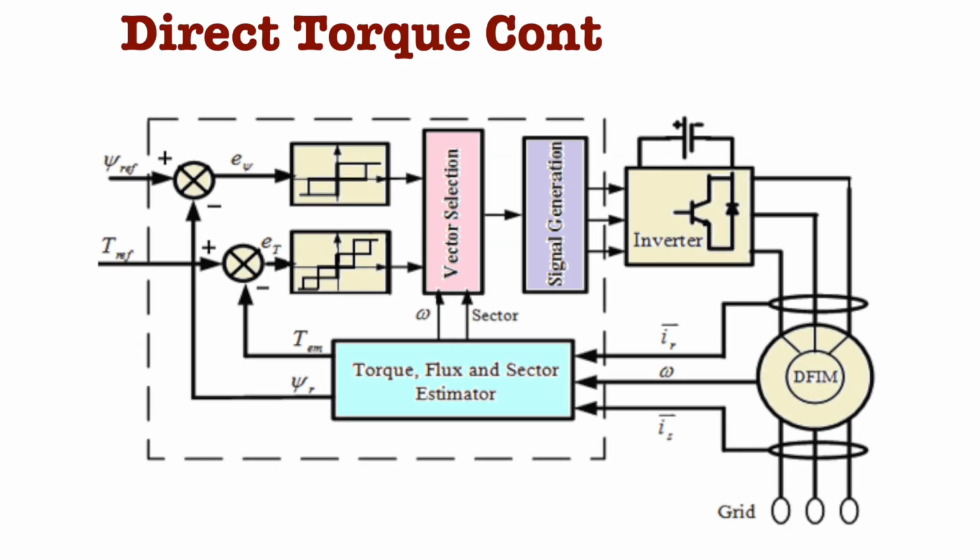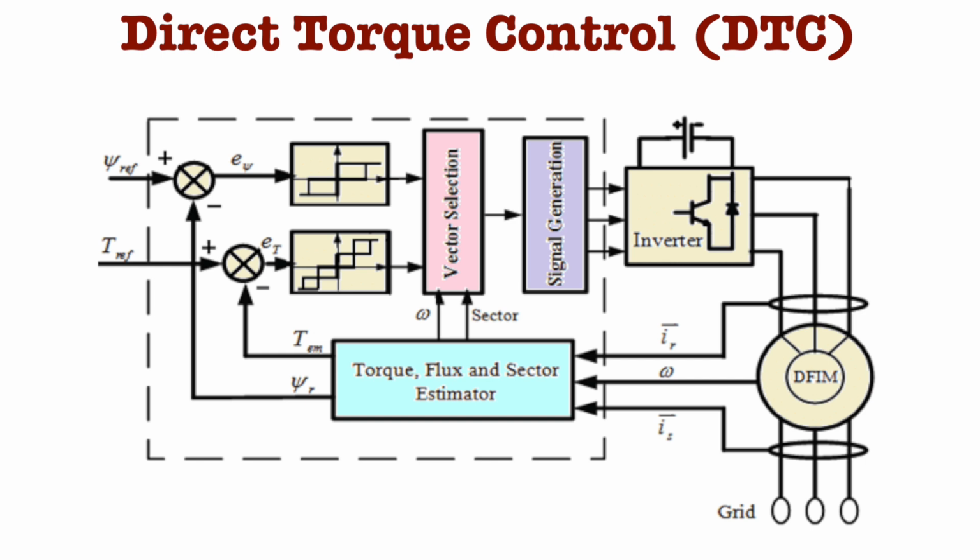Moving on to direct torque control, also known as DTC, is a method which is known for its quick time responses. Especially this is useful in situations where load conditions change abruptly. Think of elevator systems or cranes where load can vary significantly in a very short span of time.